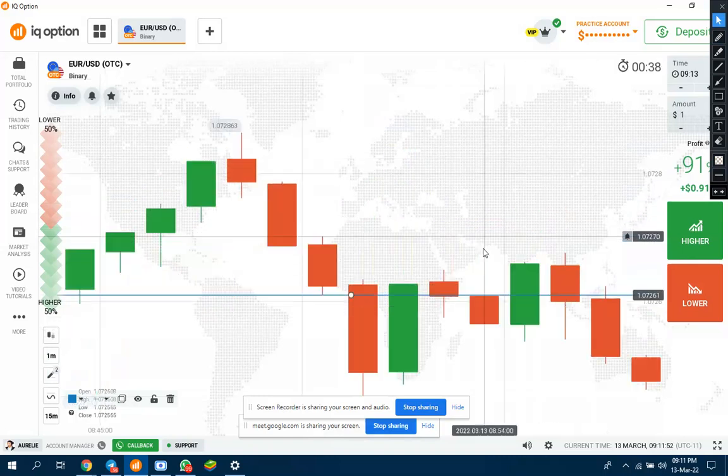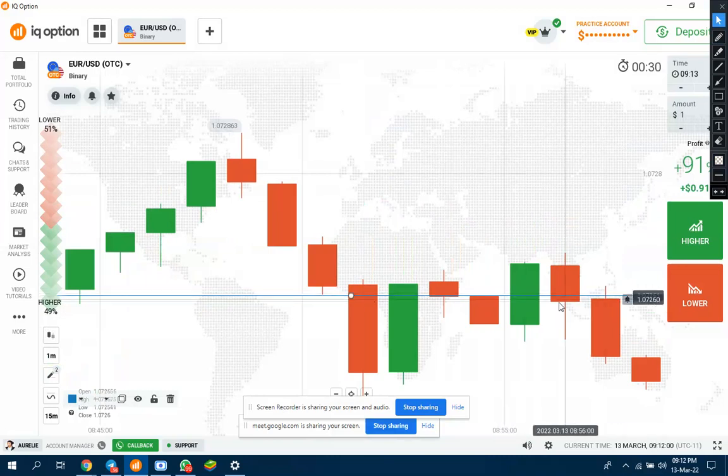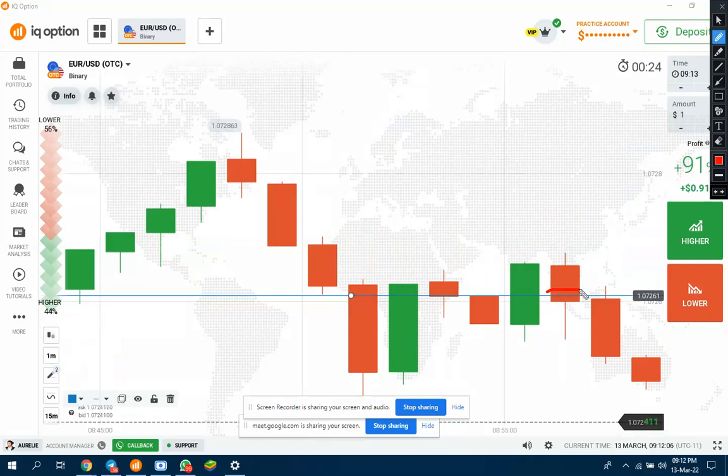Look at it. When I place the line at the top of this bearish candle, the sellers close below the line. Which means, assuming the sellers did not close below this line and closed a little bit above it, then the buyers are going to enter on the next candle, just like price moving up like this.